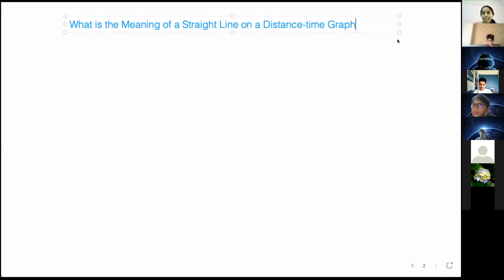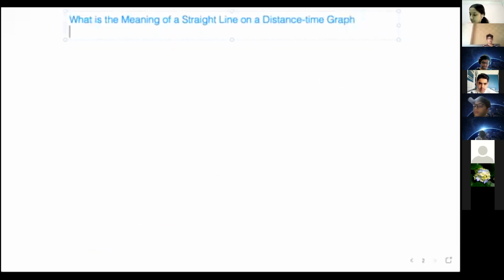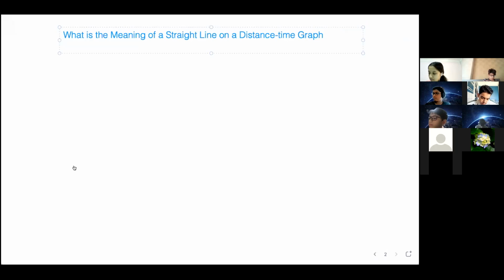What is the meaning of a straight line on a distance time graph? So the answer you will write is, what will be the answer? The speed is constant. Yes, that the object is moving with constant speed, uniform speed. It is not mentioned horizontal straight line, so you will not take it as a horizontal straight line. Okay?